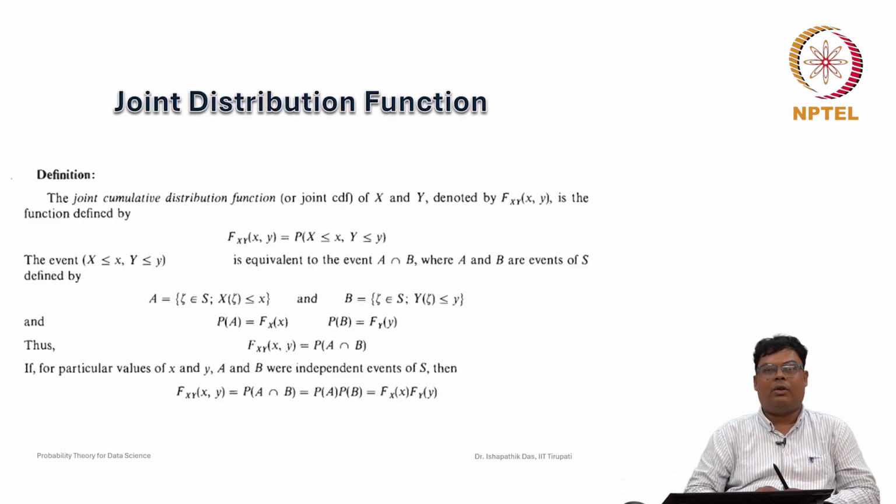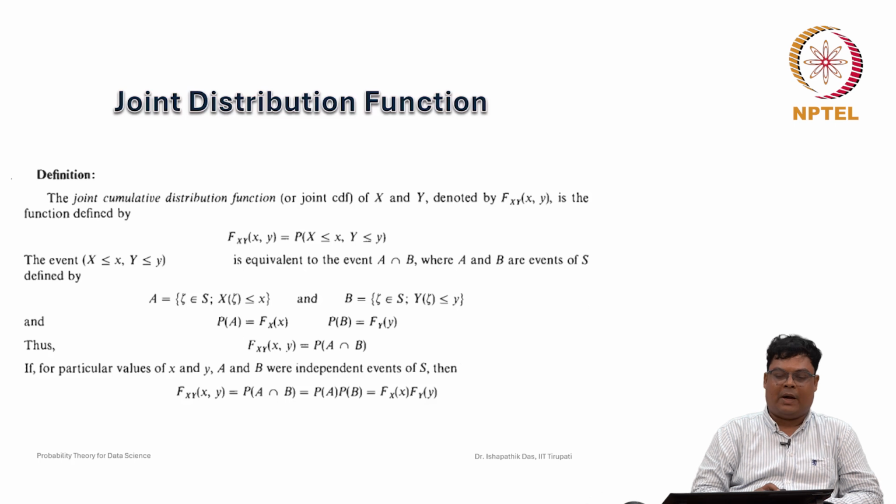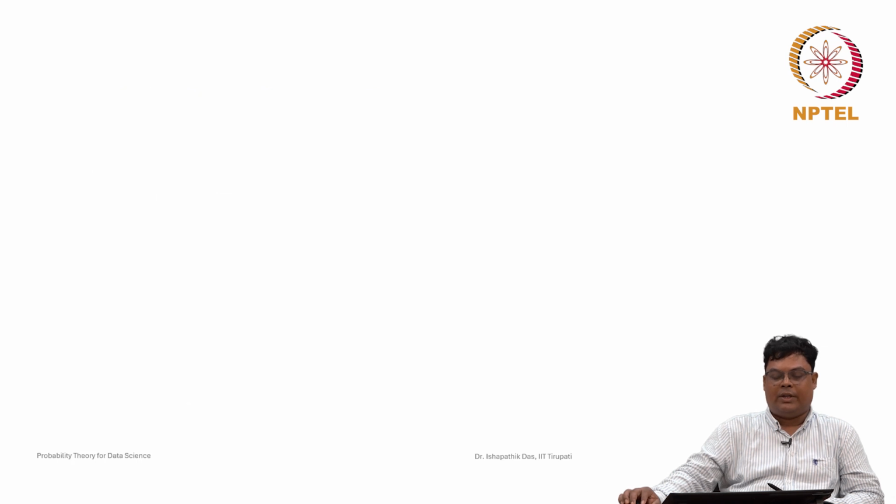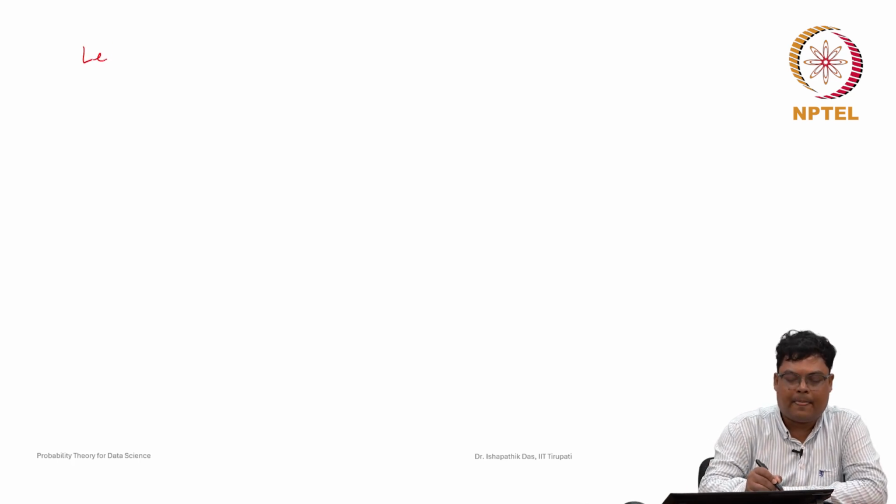Now, we will introduce the joint distribution function. Let us first remember what the cumulative distribution function is for univariate cases. As we have already discussed, we have defined the cumulative distribution function for a univariate random variable. Let X be a random variable.